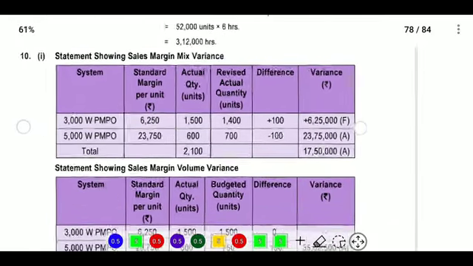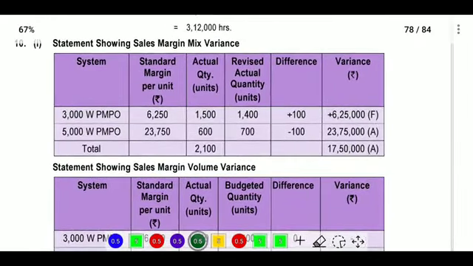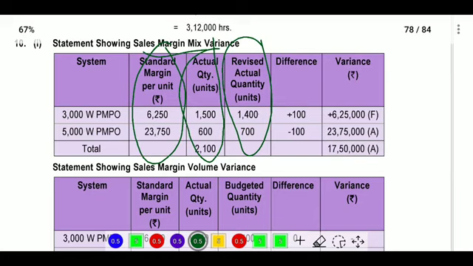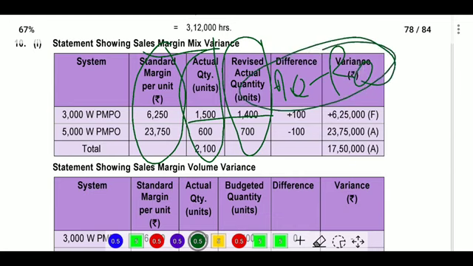Now we require the sales margin mix. We have the standard margin calculated, the actual quantity given, and the revised quantity we have calculated. Based on that, we have the difference: actual quantity minus revised quantity. Why are we taking reverse? Because it is related to sales.